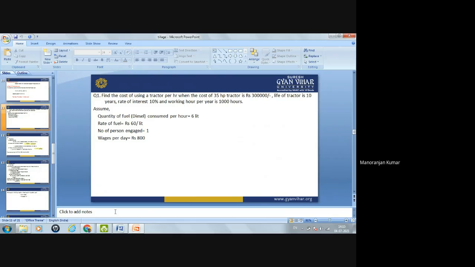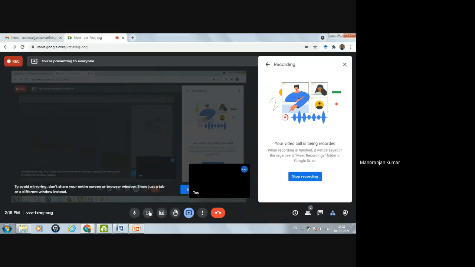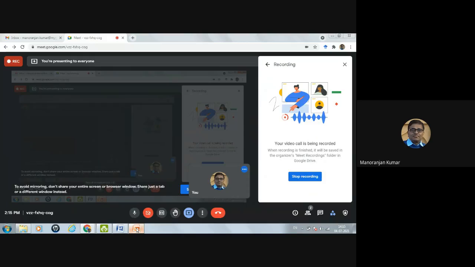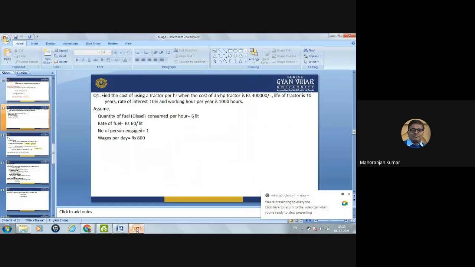So you have to calculate the cost of a tractor per hour when the cost of a 35 HP tractor is rupees 3 lakh.